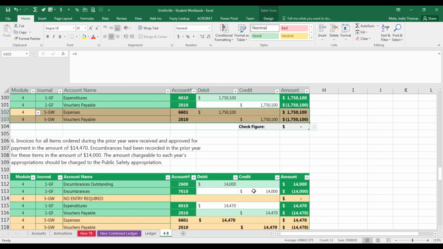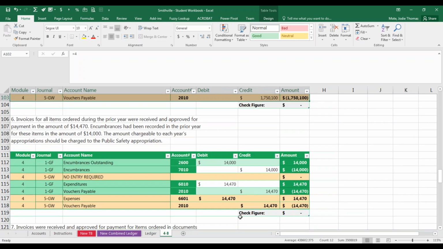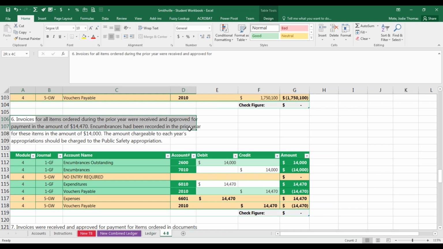Number 6, invoices for items ordered during the prior year were received and approved for payment in the amount of $14,470. Encumbrances have been recorded in a prior year for these amounts in the amount of $14,000, and the amount chargeable to each year's appropriation should be charged to the public safety appropriation.